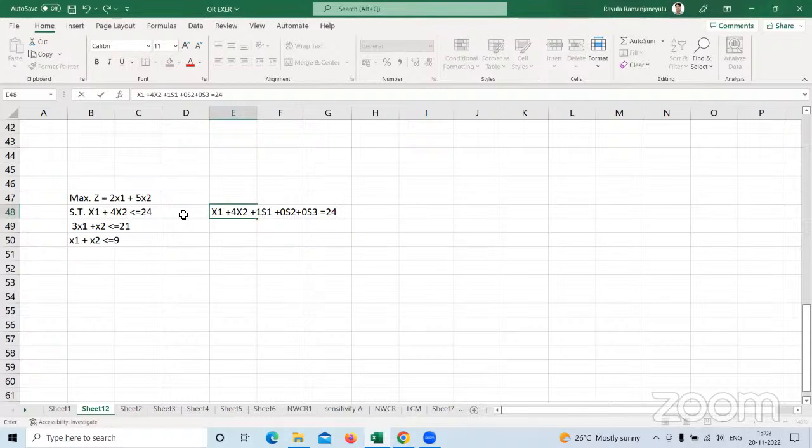Can you understand what I want to say? Yes, sir. So if there are three equations, we need to add three slack variables: s1 for the first, s2 for the second, and s3 for the third.